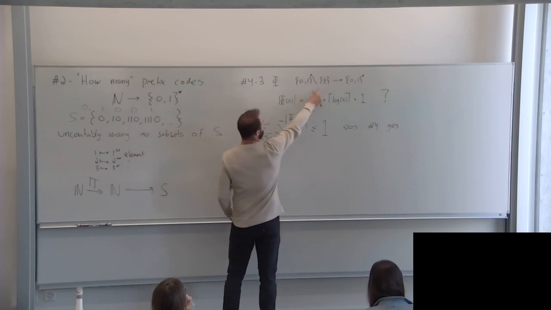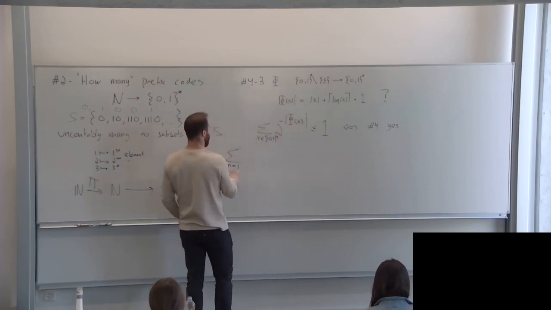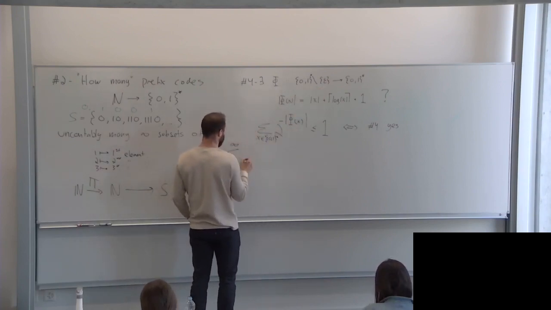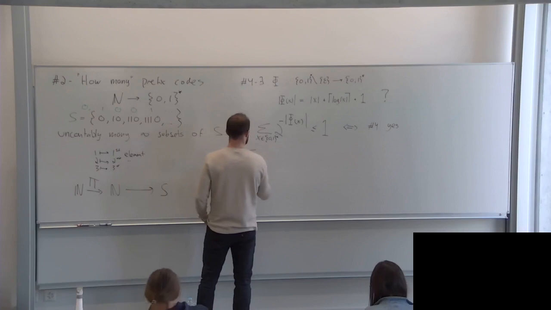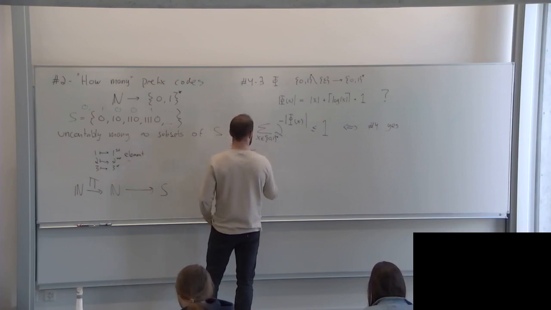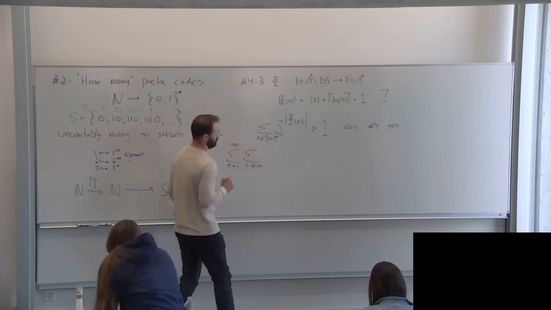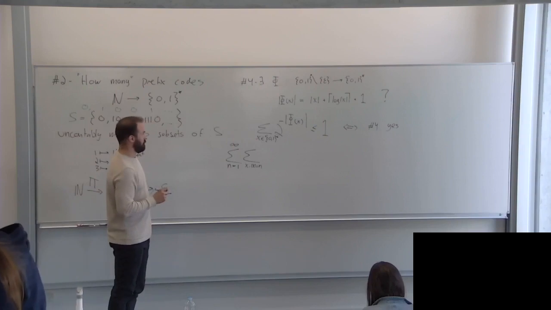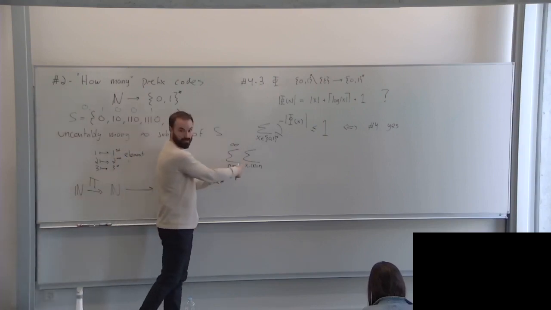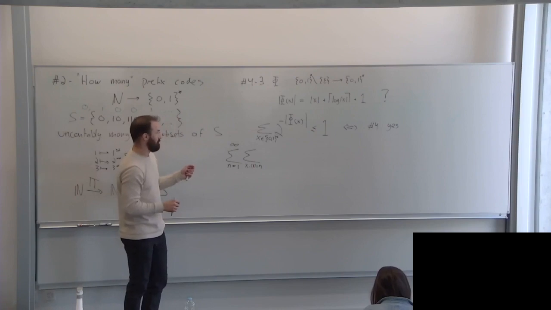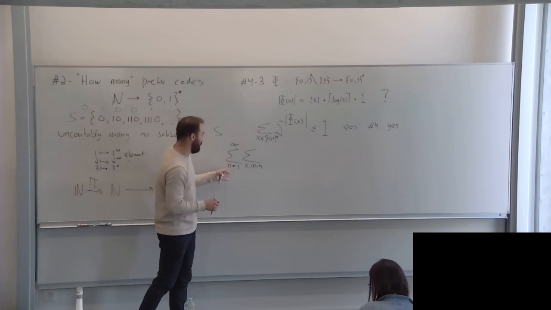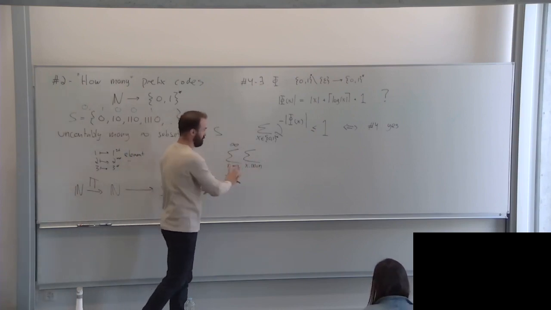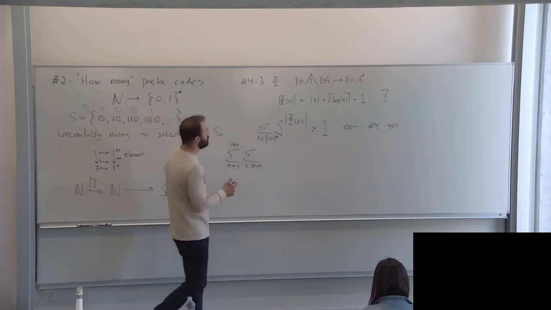Because I excluded the empty word, my sum on n ranges from 1 to infinity. Then I have a sum for all x such that the length of x is equal to n. Those 2 sums together sum over all strings: I sum over all n, all the strings of length n.